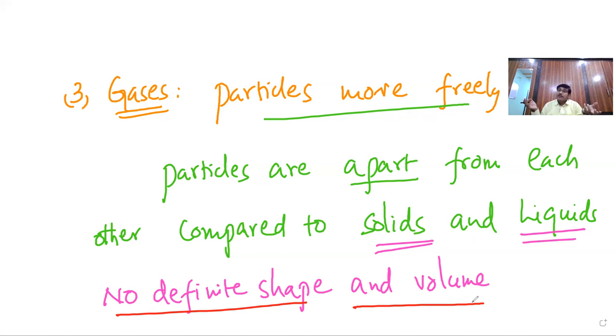No definite shape also. Why? Because particles are freely moving. This is the first property, this is the second property. So these are the basic properties of solids, liquids, and gases, in which matter exists.